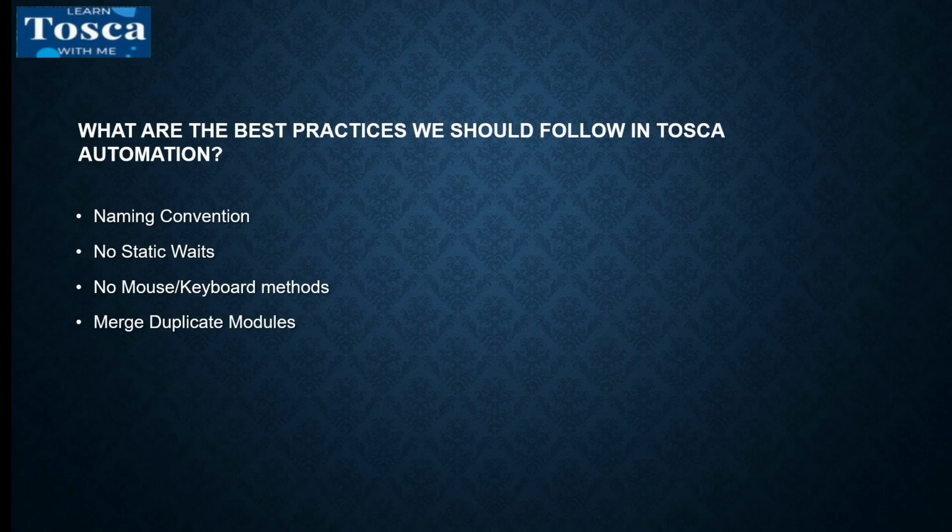Next is merge duplicate modules. Whenever we are working in a team, with multiple automation testers working in the same project, there is a chance that we create duplicate modules.